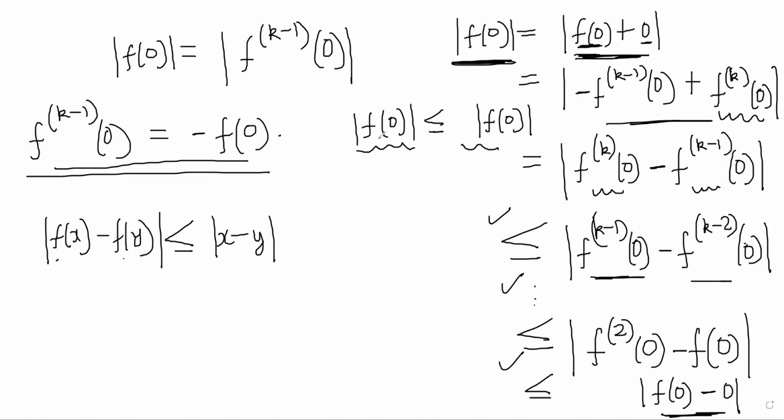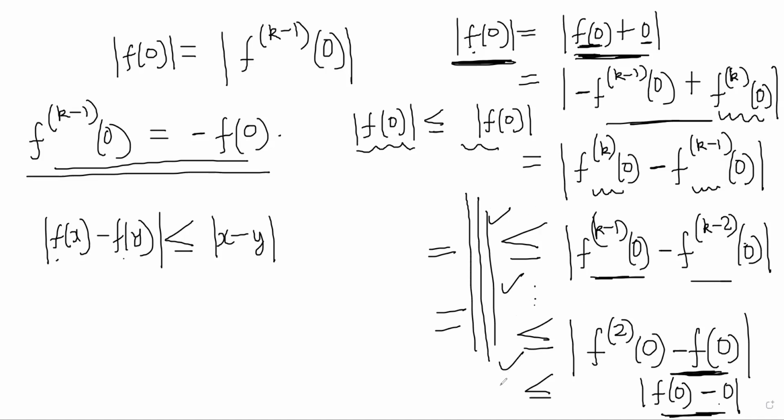That means since the first and the last are equal, all the steps before here, the inequality is actually an equality, right? I hope you're getting the argument. We are saying the first step and the last step, we are getting the same thing. That means all of these inequalities are equalities, right?